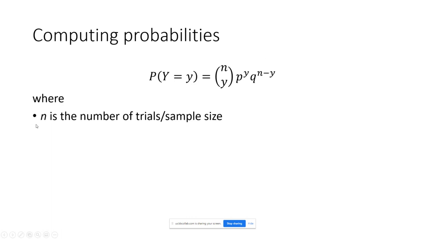All right. So here, n is the number of trials, or the sample size. Little y is the number of yes results whose probability we're interested in finding.